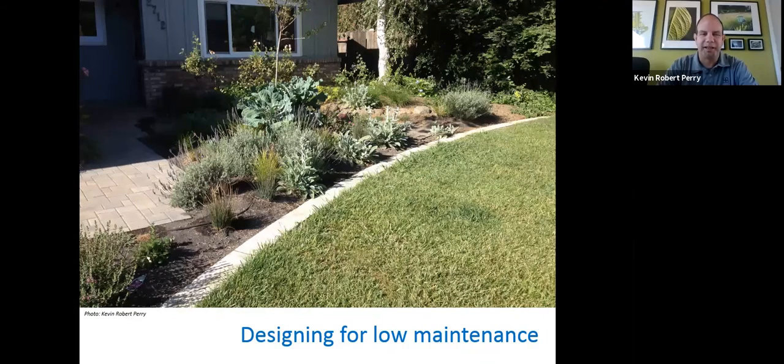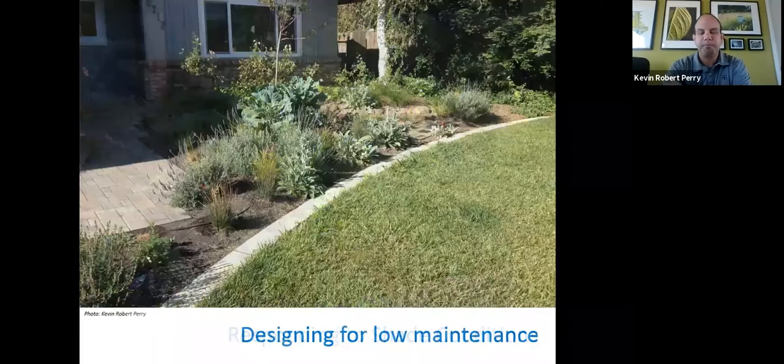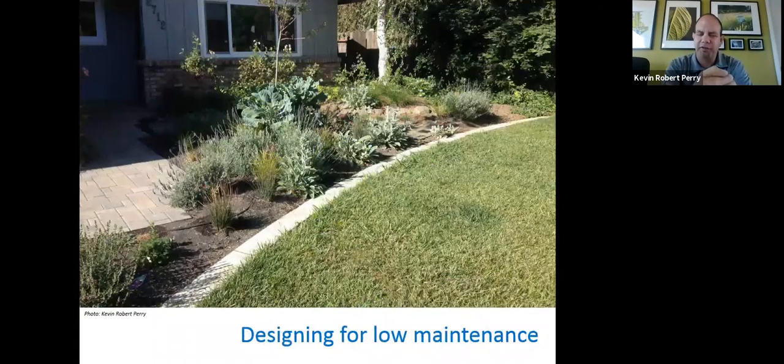So this is again an example in Davis, looking at that interface, since many of you may be just taking out a portion of your lawn, designing for maintenance between that interface between a lawn application and a rain garden or an ornamental garden. A lot of times it's difficult to maintain that edge between the two types of landscape systems.